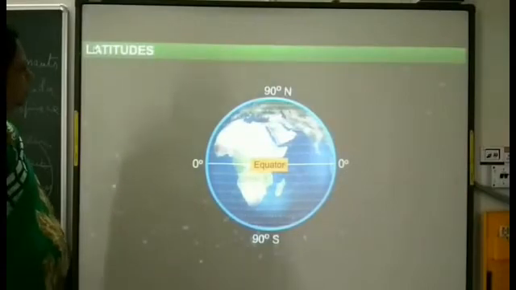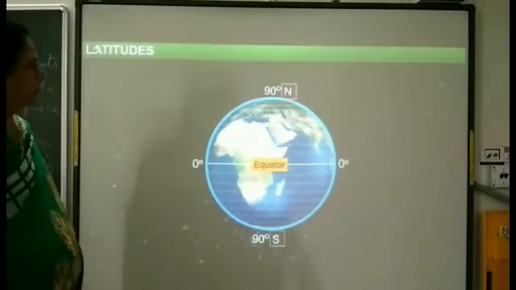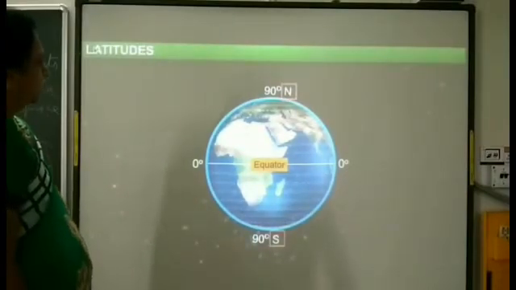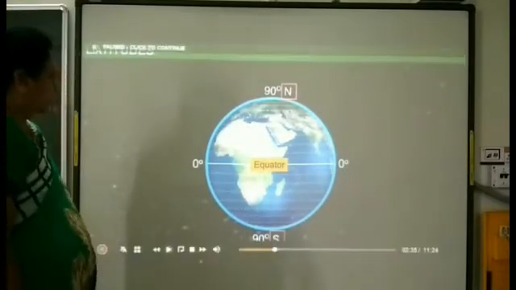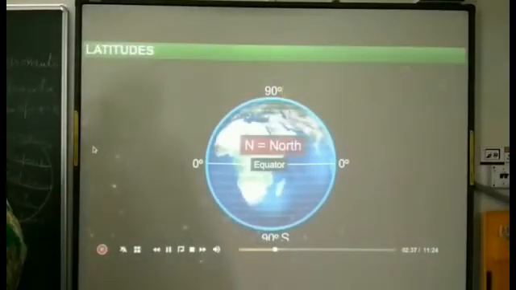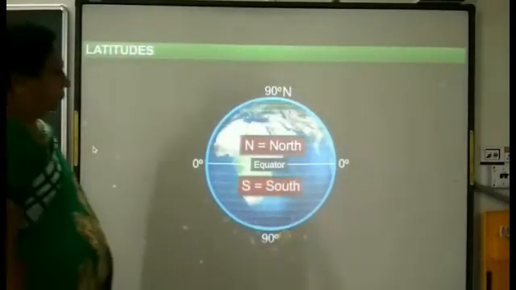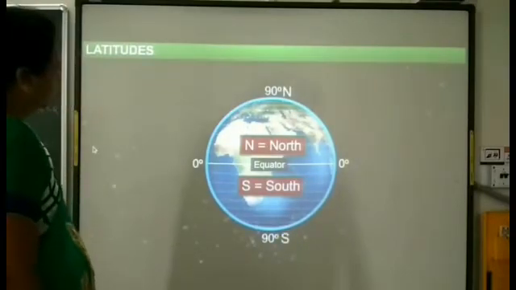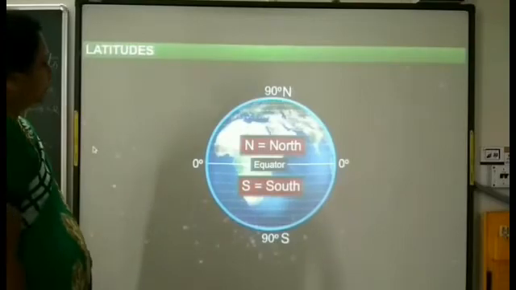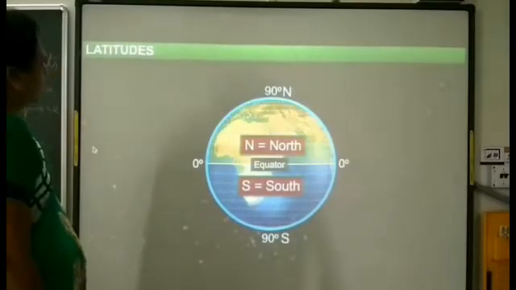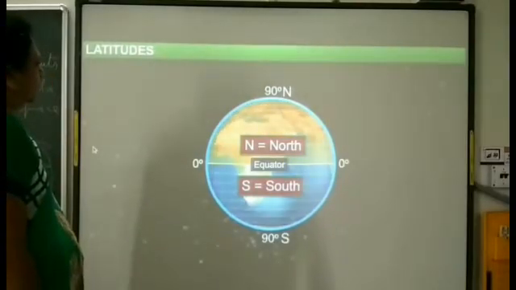Each latitude is followed by the letter N or S. What do you think that denotes? N stands for north and S for south. The letter N or S with the latitude indicates whether it is located in the northern hemisphere or the southern hemisphere.